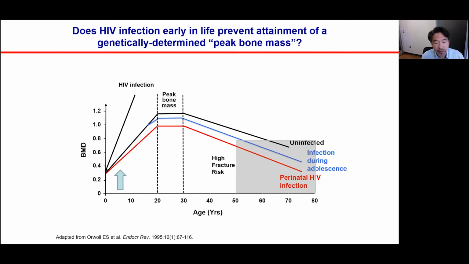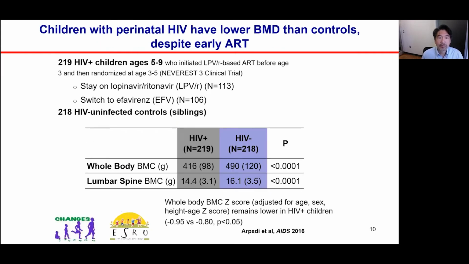Bone mass and bone strength is a lifetime cumulative process. And so in our first investigation, we wanted to see whether perinatal infection caused lower bone density at a pre-pubescent age. For this study, we collaborated with investigators in Johannesburg to assemble a cohort of children with perinatal HIV infection who were between the ages of 5 to 9.